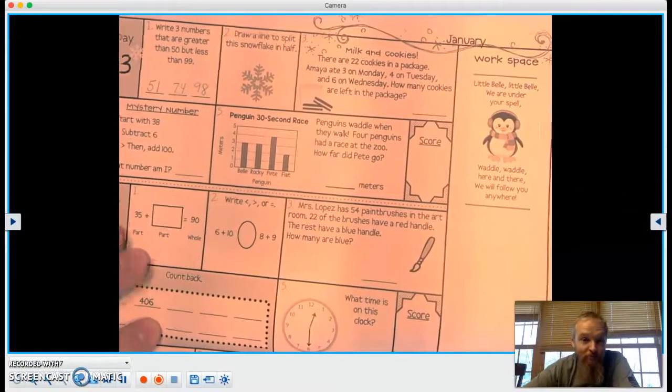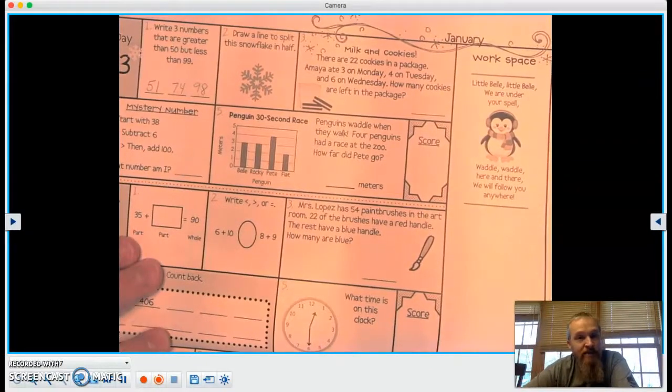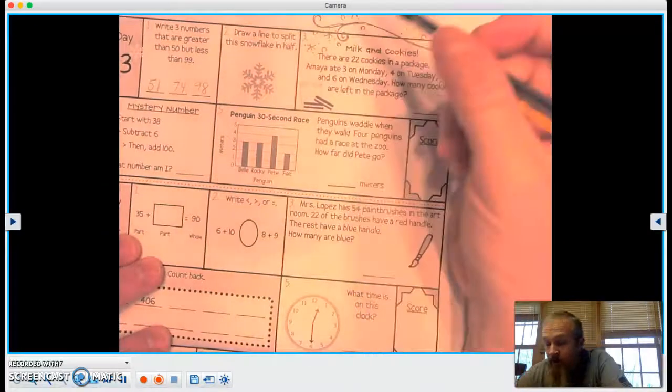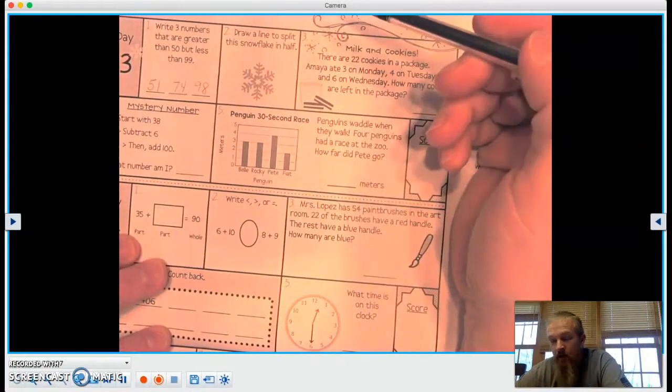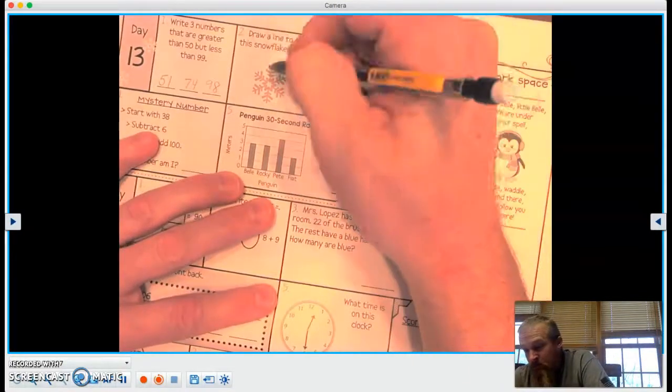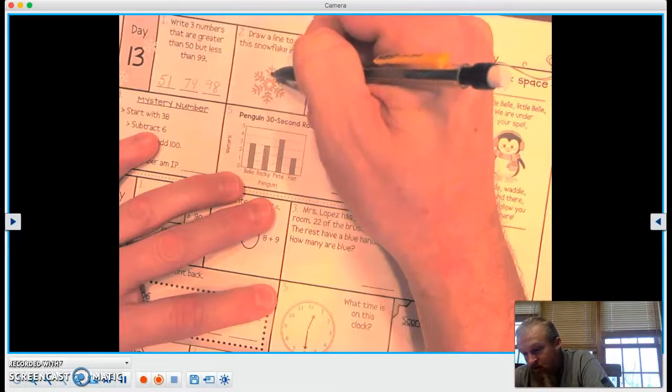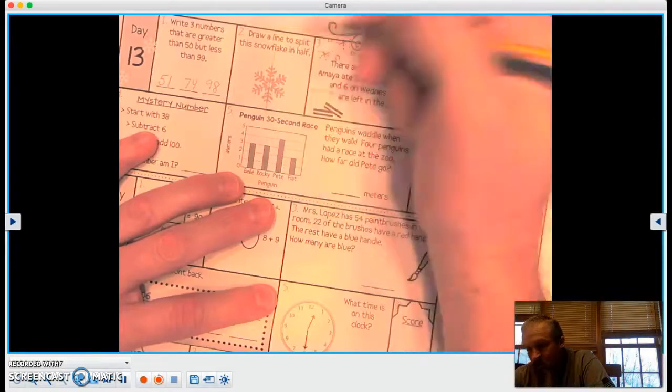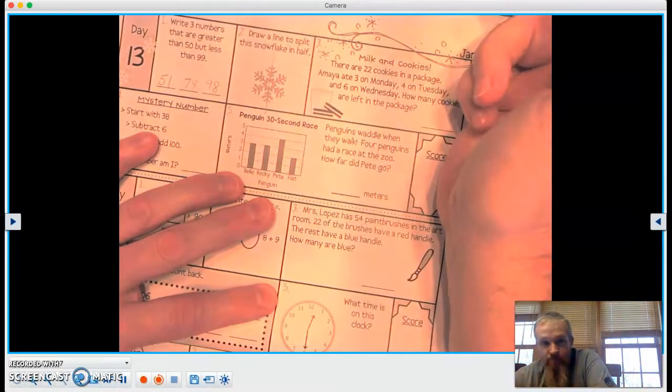Number 2, draw a line to split this snowflake in half. There's a lot of different ways to do this. I think an easy way, or maybe the easier way for you, might be to just draw that line right down the middle. Okay?